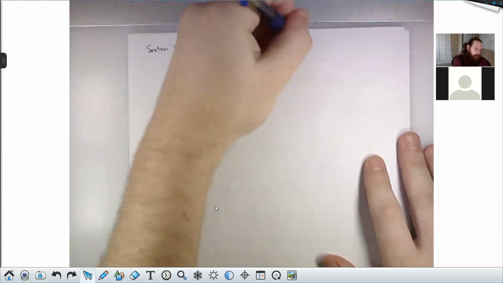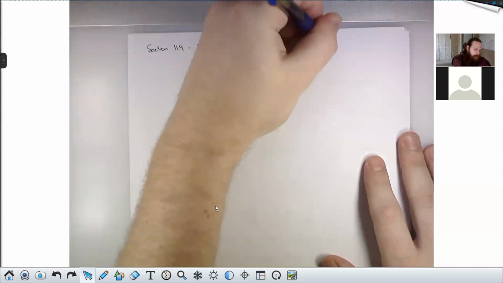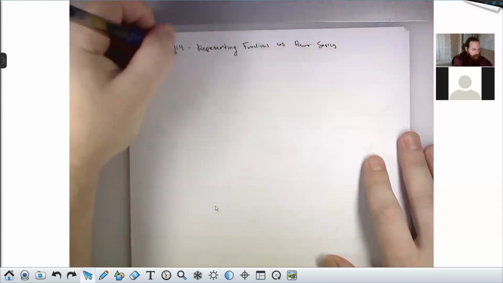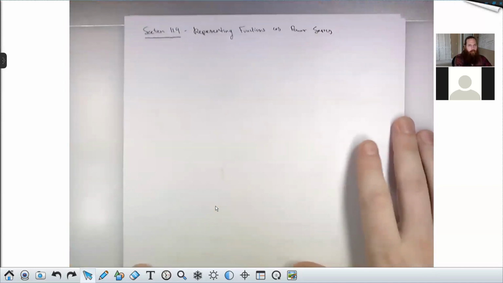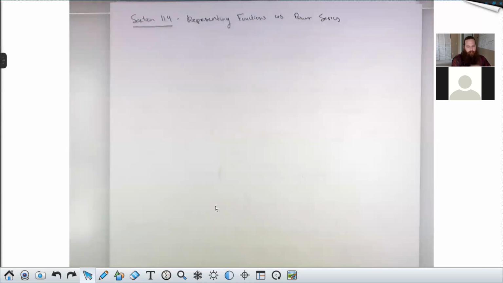This is also where we will learn how to integrate and differentiate power series. So this is the section that tends to be the scariest for people, probably in the whole class.